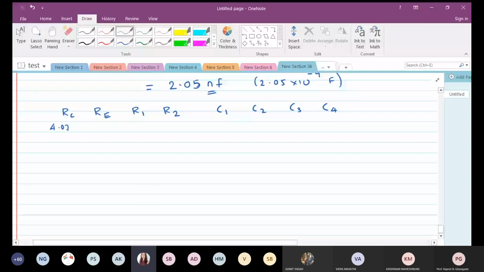What is the value of RE? 3.924 kilo ohms. Let me just shift this a little bit. RC is 4.072 kilo ohm. RE is 3.924 kilo ohm.